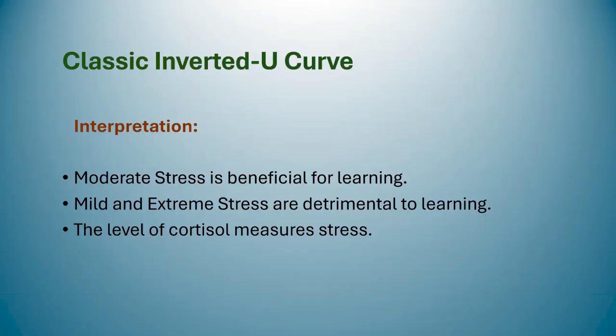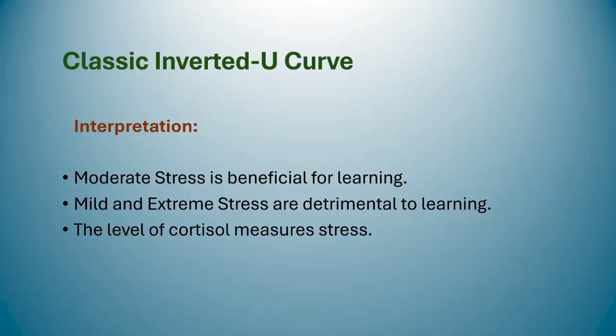Some stress must be there. It is related to responsibility. So moderate stress is beneficial for learning. Mild and extreme stress are detrimental to learning, we may say. Very important. Otherwise, we cannot achieve anything.